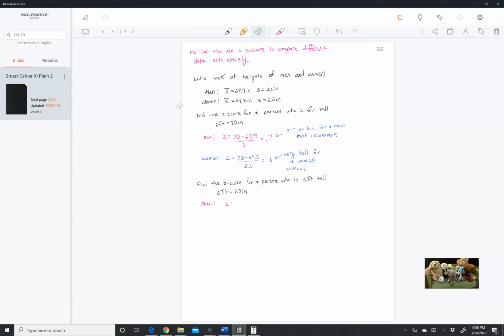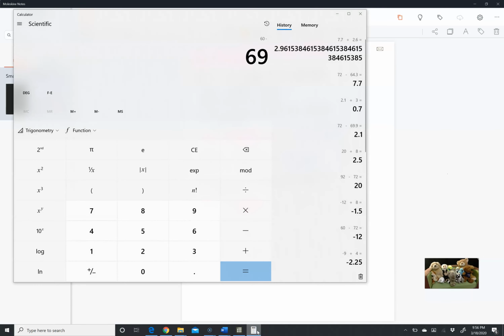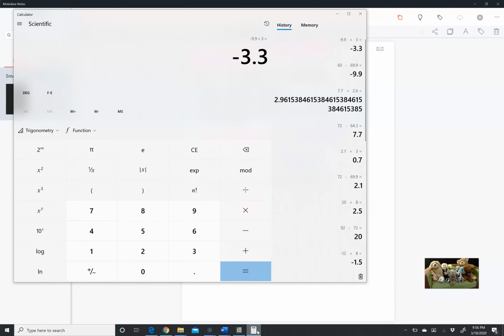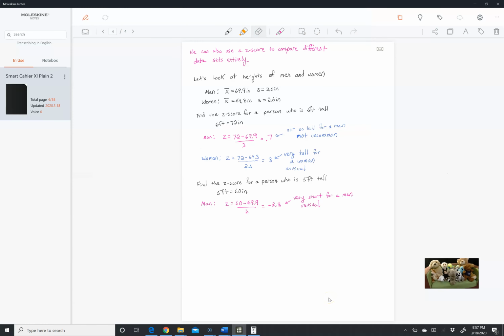So here, our z-score, we're going to do 60 minus 69.9 over 3. And this is negative 3.3. So notice this is very short for a man. It's unusual. It's outside that 3 standard deviation range.